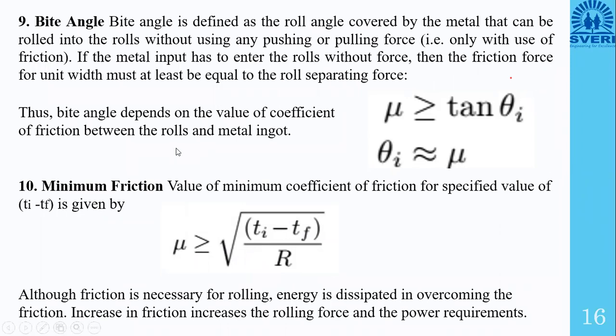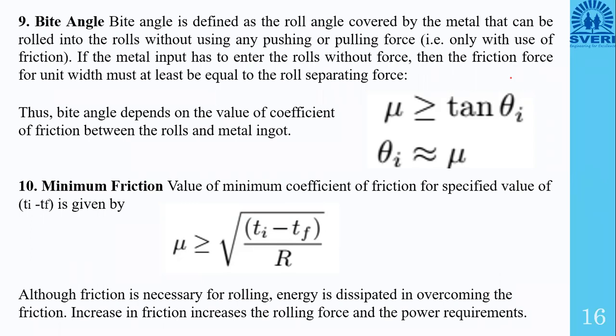Although friction is necessary for rolling, energy is dissipated in overcoming the friction. Increase the friction, and you increase the rolling force and power requirement. It means friction is required, but it should be minimum.